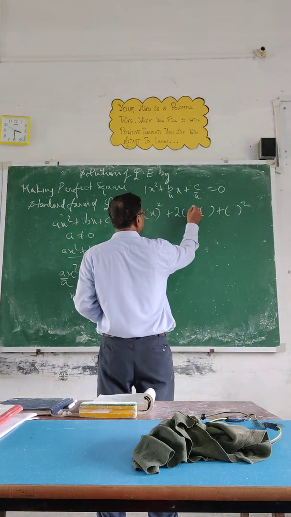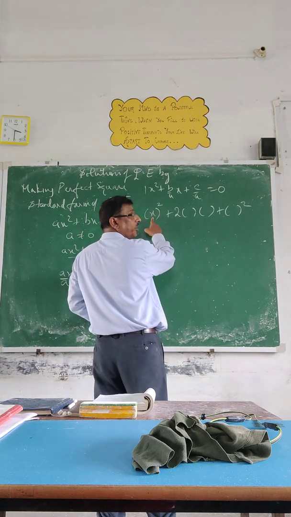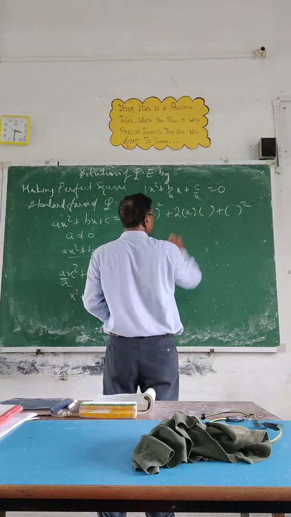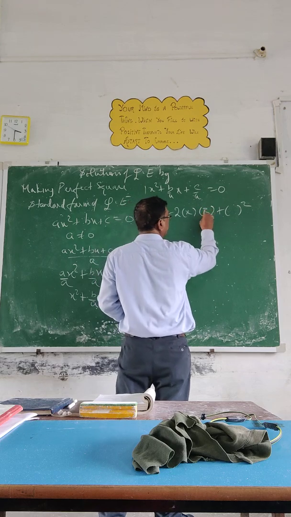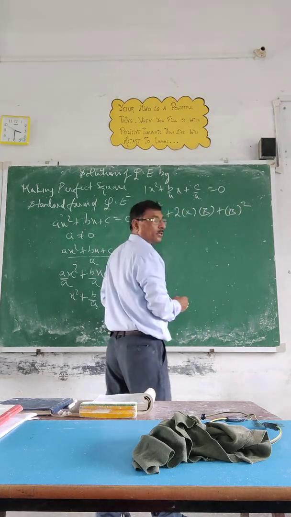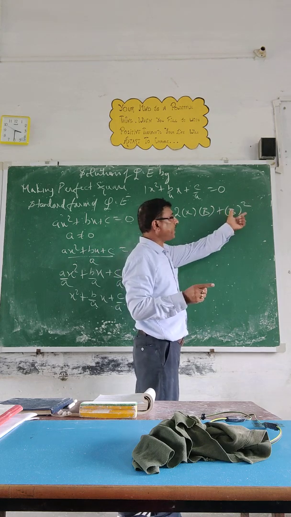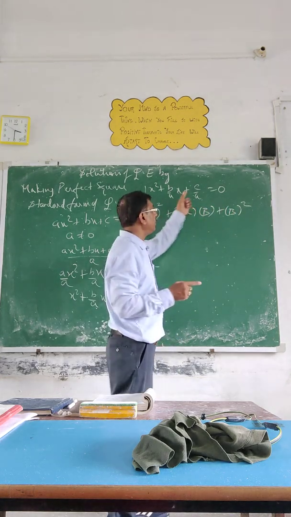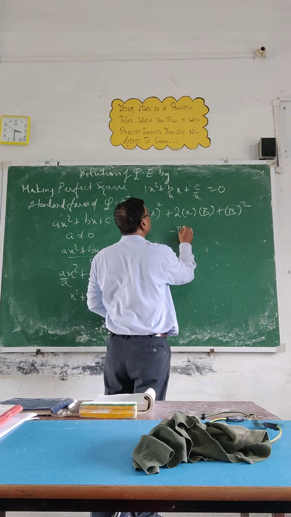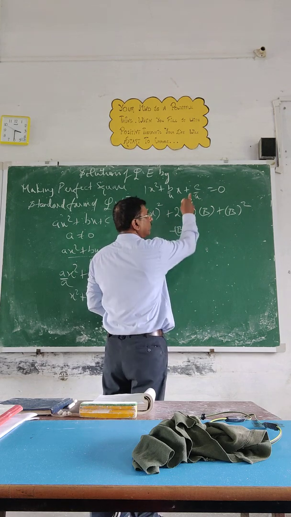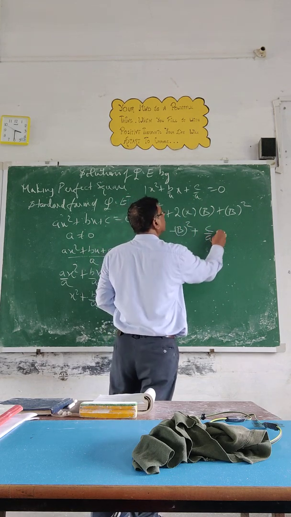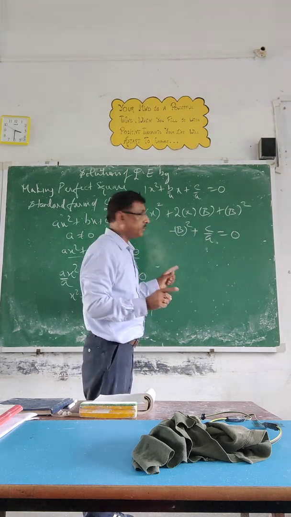You can see that the first term is your a, so you can write x. Now the second term, don't put it as b. This term you have to put as square, your own choice. So subtract so that it does not affect the equation: minus b square, and the constant term c by a equal to 0. Try to understand this.